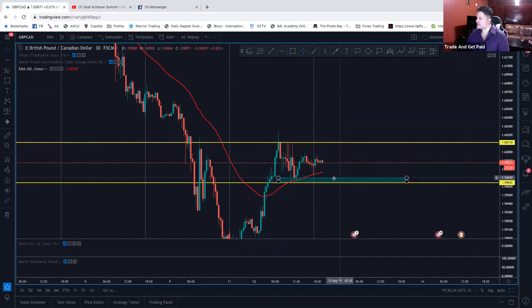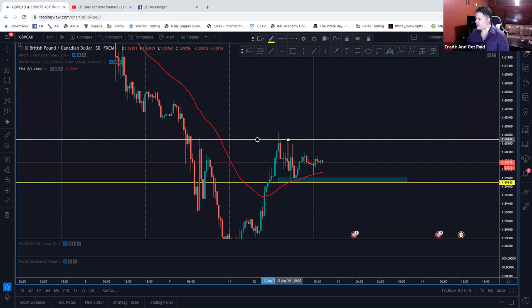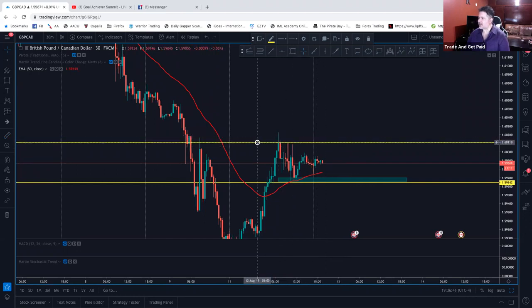This is it for me. That's not a lot of pips to that wick. That's only 13. So maybe I'll draw that up a little bit so that I can put the zone completely covering that wick.